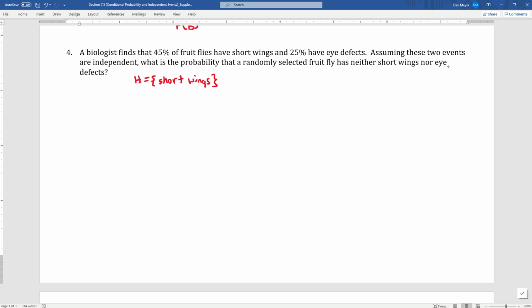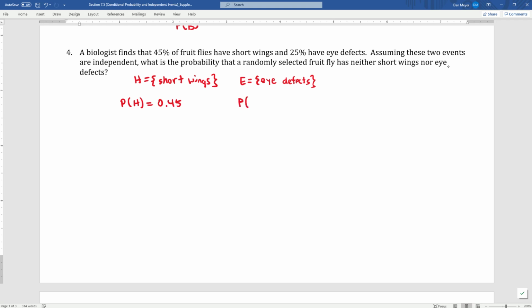And E will be the event that the fruit fly has eye defects. The problem told us a few things. First off, they told us that the probability of H, the probability that a fruit fly has short wings, is 0.45.